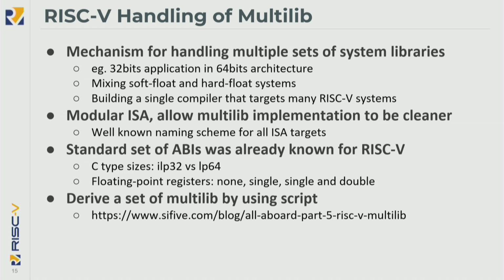On the other hand, another one would be the floating point register, which provides either none, single, or double. In RISC-V, we were able to produce this multi-lib by using a script, and if you're interested, you can take a look at the blog, which details how you go about resolving that.